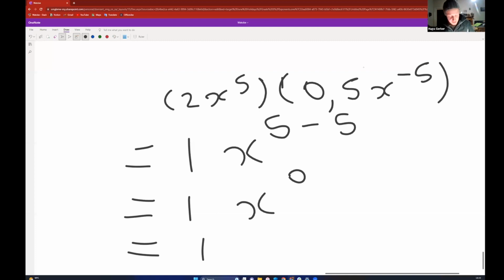First of all, you need to understand that anything directly next to a bracket means multiply. So if two brackets stand directly next to each other and there's no signs in between, it means multiply, okay? So these two brackets are being multiplied by each other. The next thing you have to understand is, okay, wait, let me erase some of this.